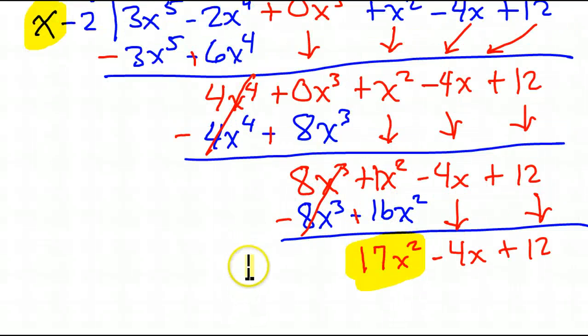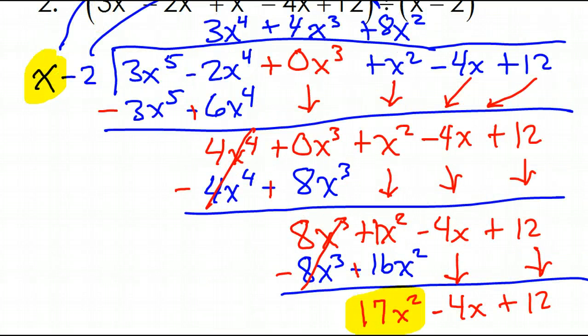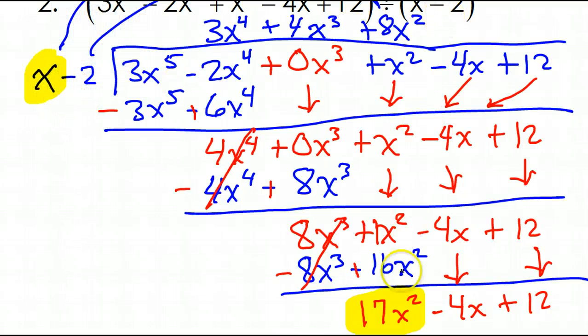This time we are looking at these two terms, x and 17x squared. So you're asking yourself, x times what will make 17x squared? Well, you know you need that 17, and you're going to need an x, because x times x is x squared.